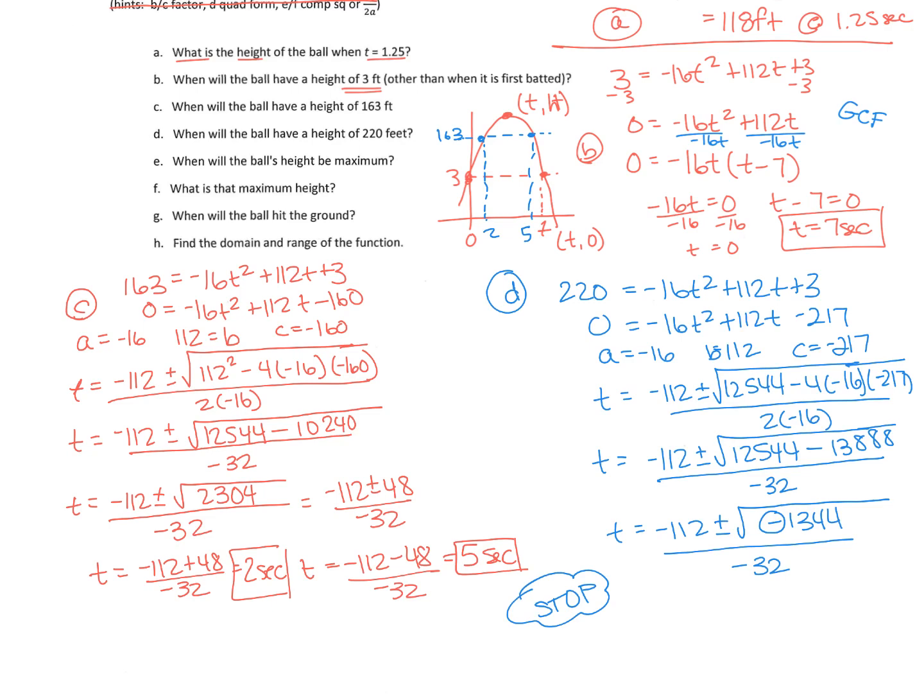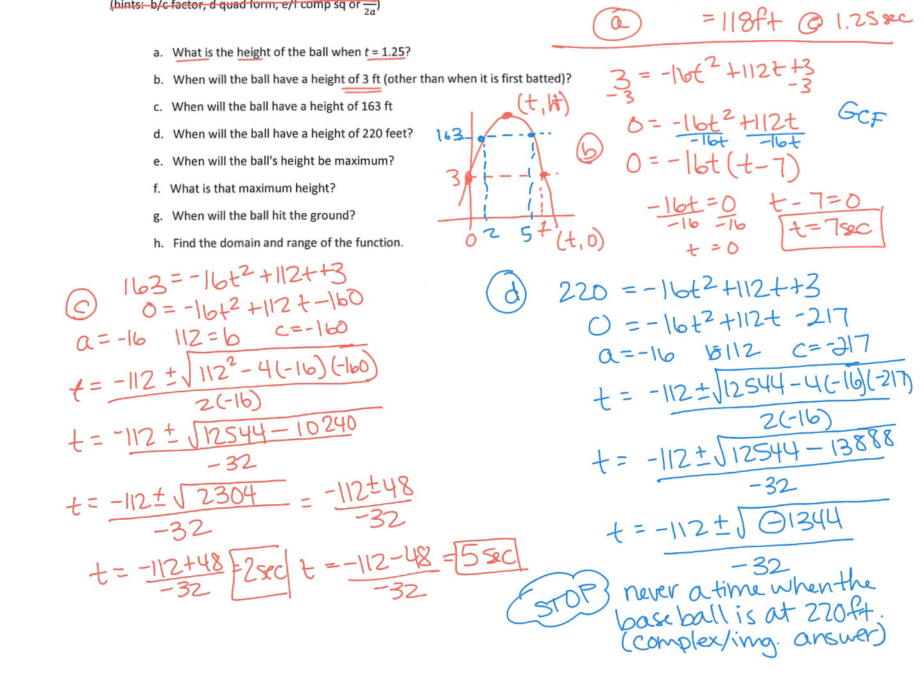because there's never a time my baseball is at a height of 220. There is never a time when the baseball is at 220 feet in the air. And I know this because I'm getting a complex, imaginary, sorry, I'm abbreviating if that's okay, answer.